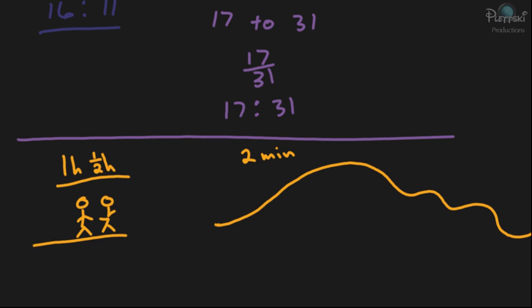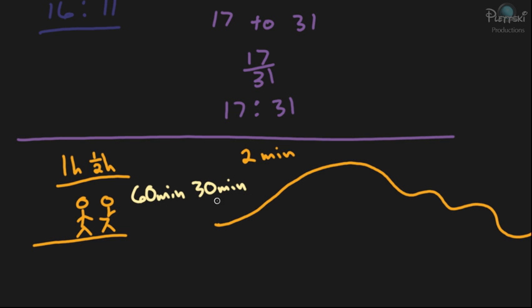So you have to do one of two things. You can either change minutes to hours or hours to minutes, and then write a ratio that way. In this situation, it's going to be easier to change your hours to minutes. So 1.5 hours: 1 hour is 60 minutes, and then a half hour is another 30 minutes.